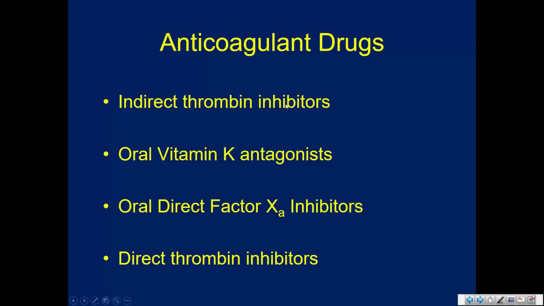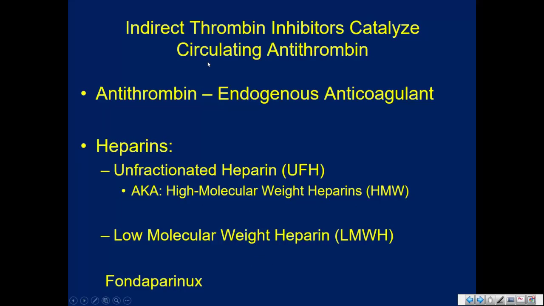Okay, the four major classes of anticoagulant drugs are listed here. The indirect thrombin inhibitors, which I just introduced to you, the oral vitamin K antagonists, the oral direct factor 10A inhibitors, and the direct thrombin inhibitors. Let's first look at the indirect thrombin inhibitors.